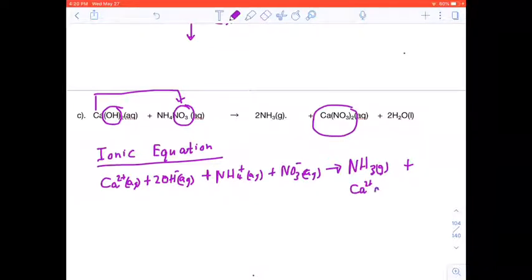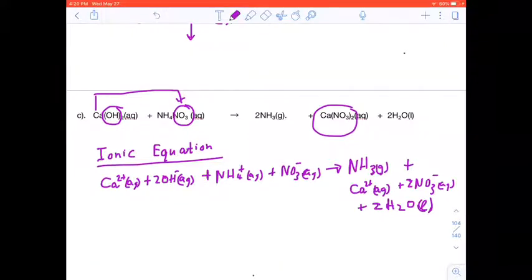Ca2+ aqueous plus 2NO3- aqueous, right? And there's a water there, so plus 2H2O, liquid. Isn't it so?